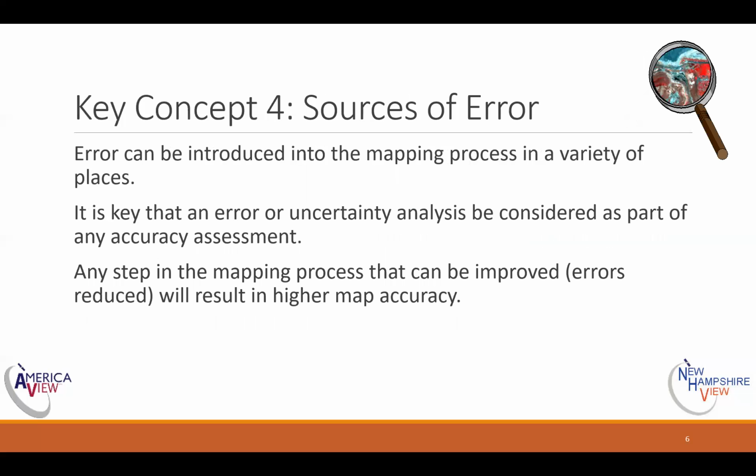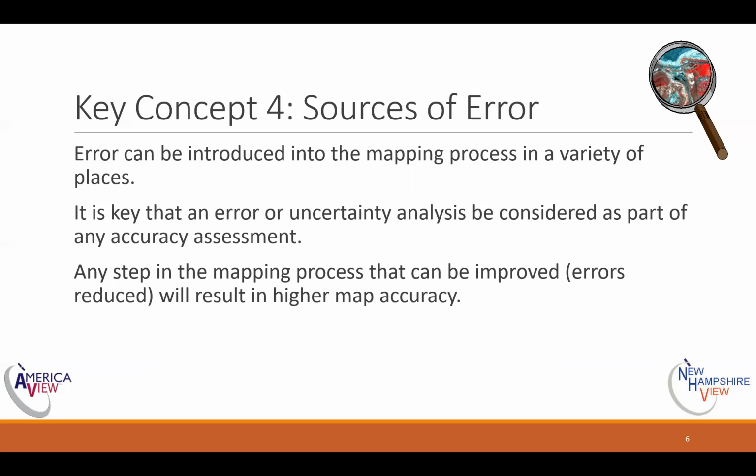Okay. Already mentioned this, sources of error. So you have to pay attention to the sources of error. If you're not well planned, if you haven't thought this out, you yourself can introduce a whole bunch of error into the mapping process. And so it's a good idea to think about that ahead of time. Think about where uncertainty enters into the process or where you think errors are going.